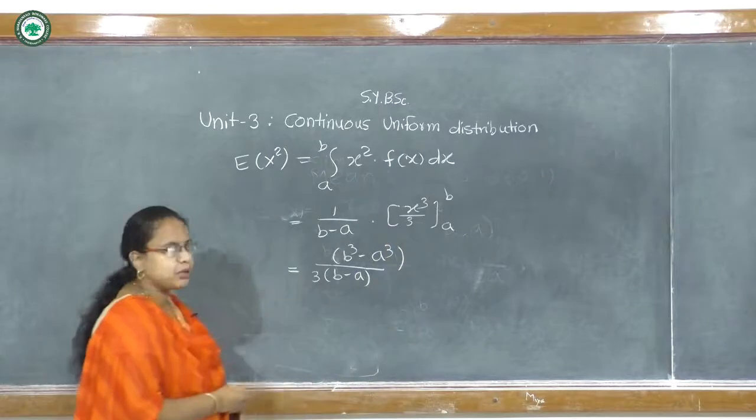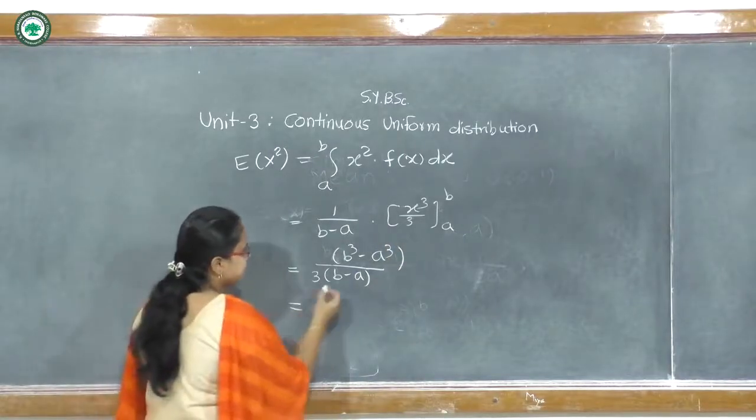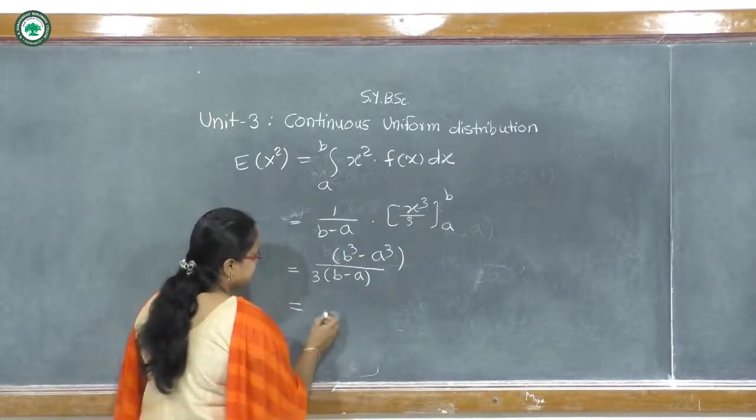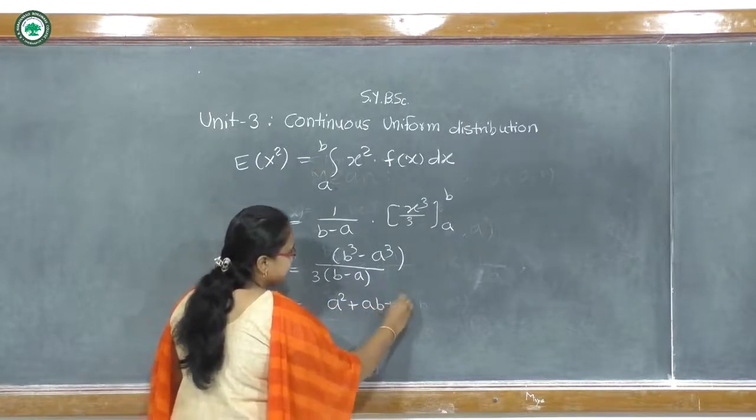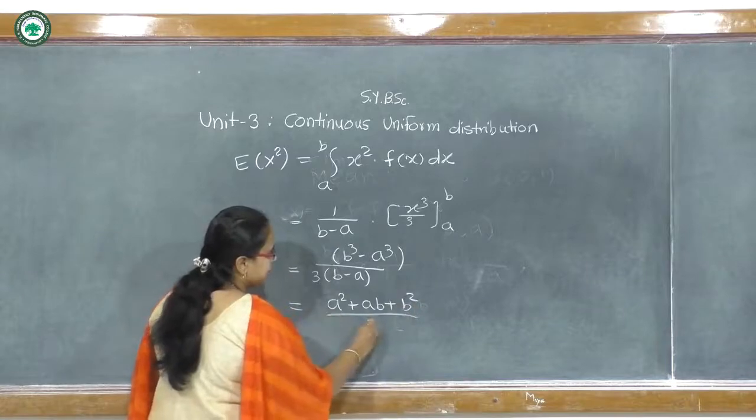This is b cube minus a cube, and it can be expanded, so we will remain with a square plus ab plus b square upon 3.